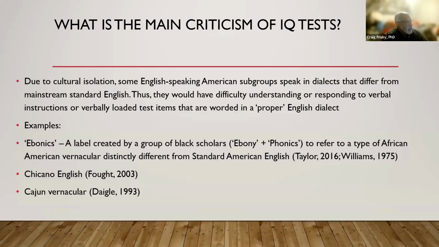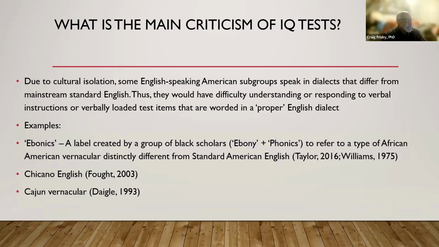Mainly, the criticism made by these folks, and I'll just read that top point here: due to cultural isolation, some English speaking American subgroups speak in dialects that differ from mainstream standard English. Thus, they would have difficulty understanding or responding to verbal instructions or verbally loaded test items that are worded in proper English dialects.